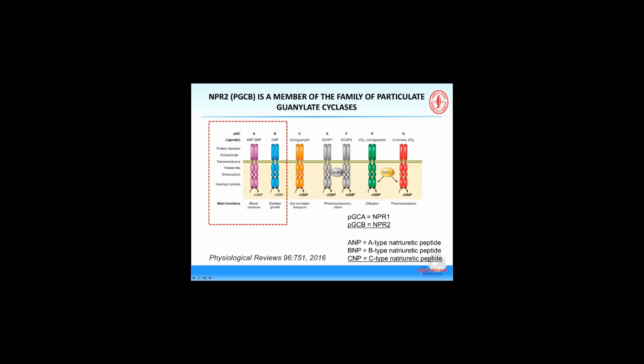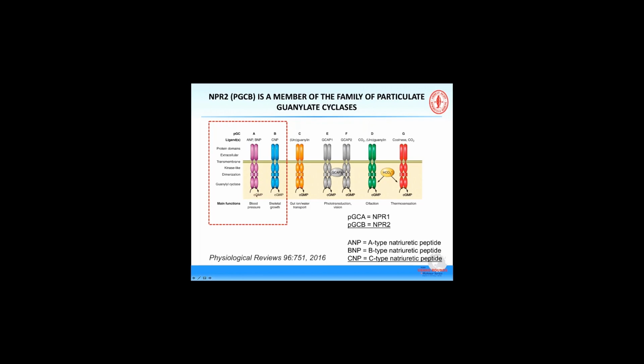The overall structure of these receptors is in many ways similar to that of the EGF receptor. They have an extracellular domain, a single transmembrane domain, and an intracellular domain. In this case, instead of having tyrosine kinase activity like the EGF receptor did, these receptors have guanylate cyclase activity.